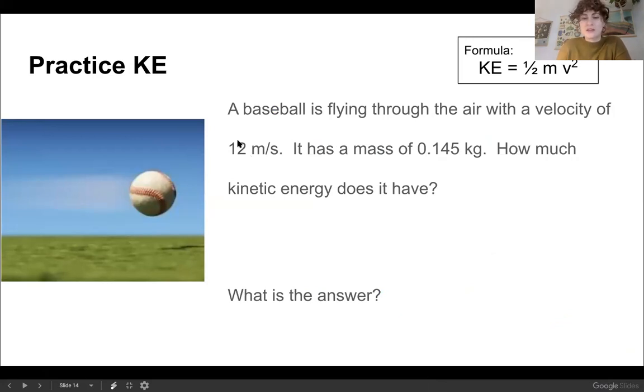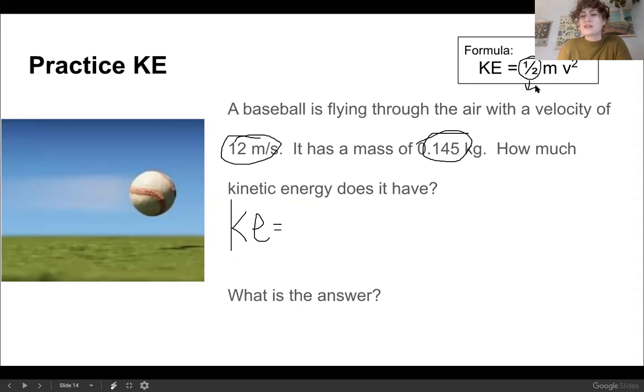Let's do the problem. A baseball is flying through the air, so we have velocity is 12 and mass is 0.145. So kinetic energy equals, lowercase is definitely easier for some reason. All right, now here's my trick. Instead of doing 1/2, I like to put it into decimal form.